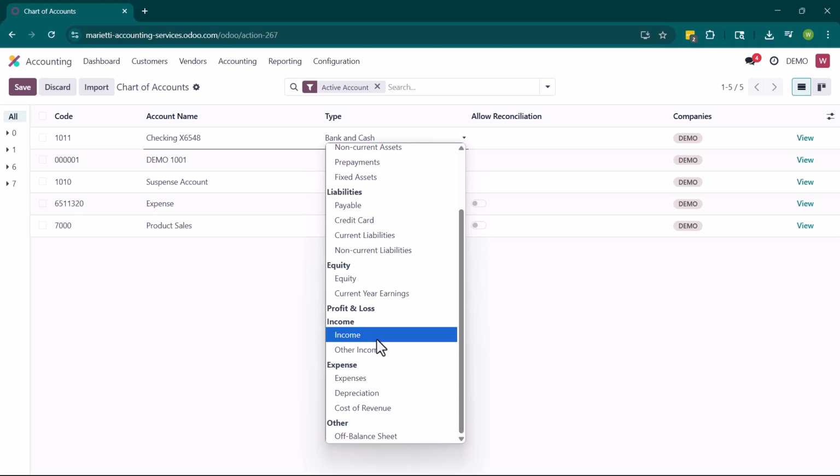So income is categorized into two separate areas, income and other income. And when we think about income, that is money that the business earns, right? And our regular income is going to be money that the business is earning doing activities that the company is in business to do. For example, you may have a construction company and that company is in business to do construction, to build things, or to repair things.